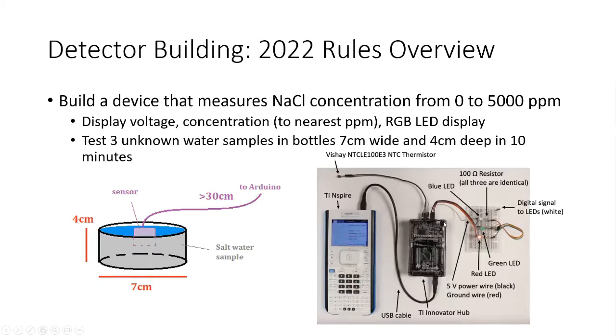And you have your Arduino, which will take readings from the sensor and output stuff to the LEDs on the breadboard. Not shown here are an LCD display, which is required by this year's rules, and a laptop, which you can use to program your Arduino board. And this actually is a TI calculator, and there are some methods you can use to program this thing called the TI Innovator board with a calculator, but it's just so much easier to use a laptop.